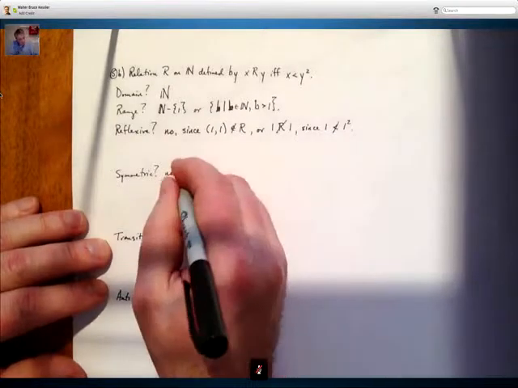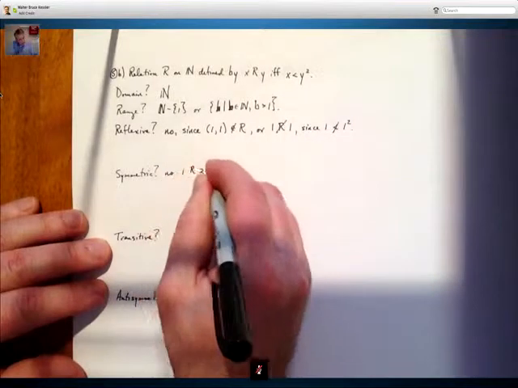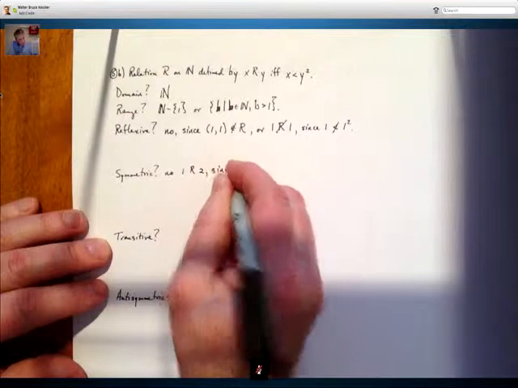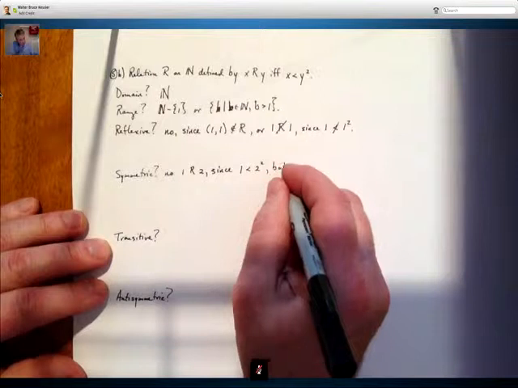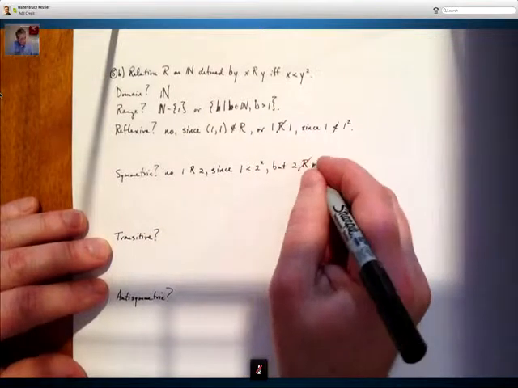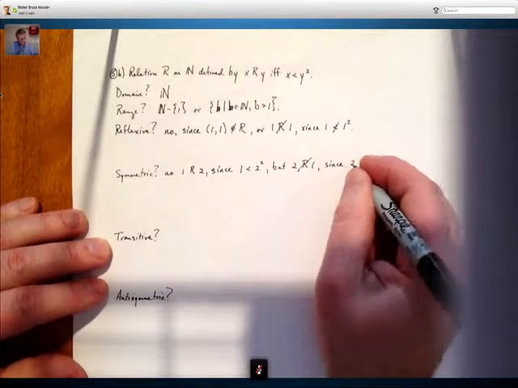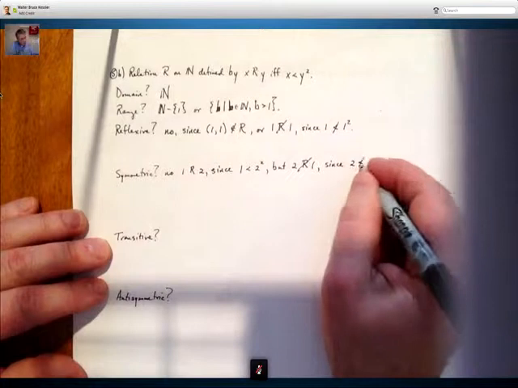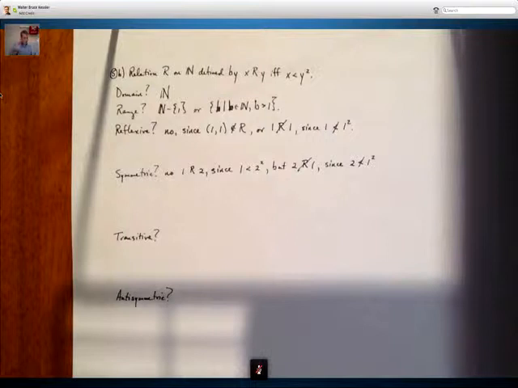Yeah, that'll work. So 1 is related to 2, since 1 is less than 2 squared. But 2 is not related to 1, since 2 is not less than 1 squared. Okay, so it's not symmetric, and I'm sure there's other examples.